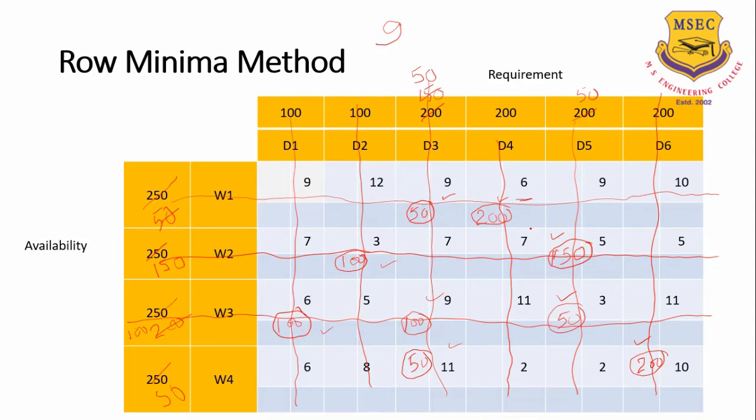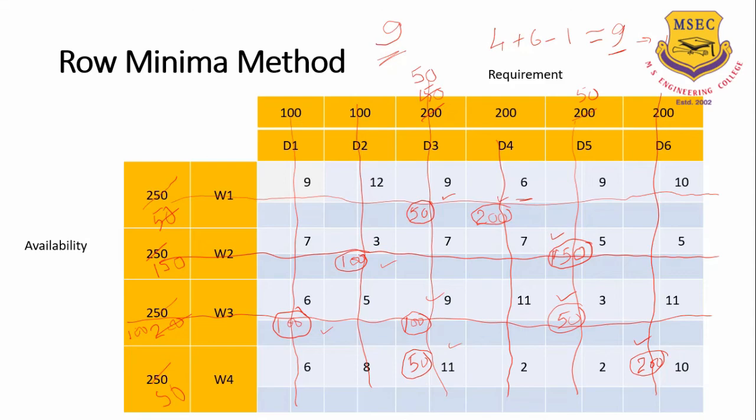So it is equal to 4 plus 6 minus 1, which is also equal to 9. The number of rows plus number of columns minus 1 is equal to 9. The number of assignments we get is equal to n plus m minus 1. That means to say we got a basic feasible solution.